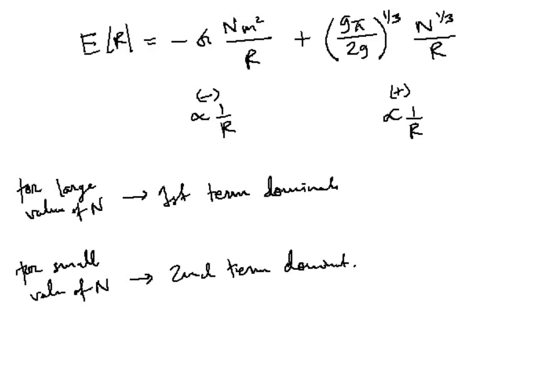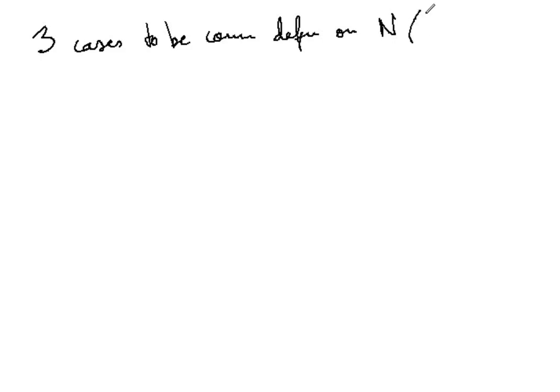So, three cases to be considered depending on n, or the total number of fermions in the star.